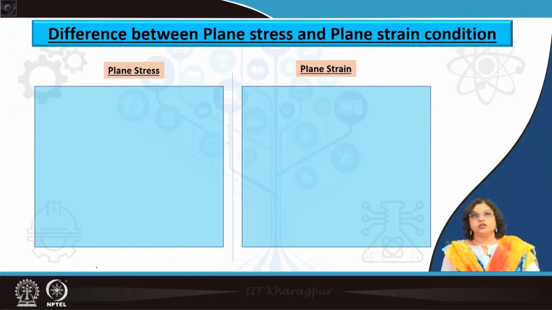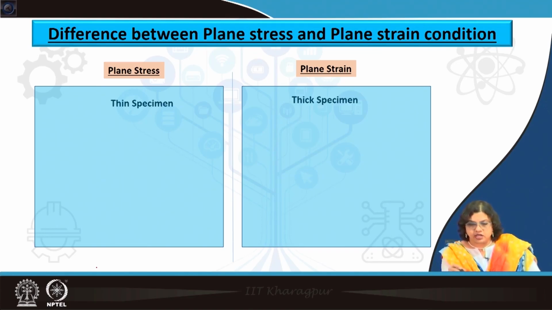So, let us look into the differences between plane stress and the plane strain condition one more time, and what it says is, the plane stress can be achieved in case of thin specimen, whereas we need a thicker specimen if we want to look for the plane strain fracture toughness.